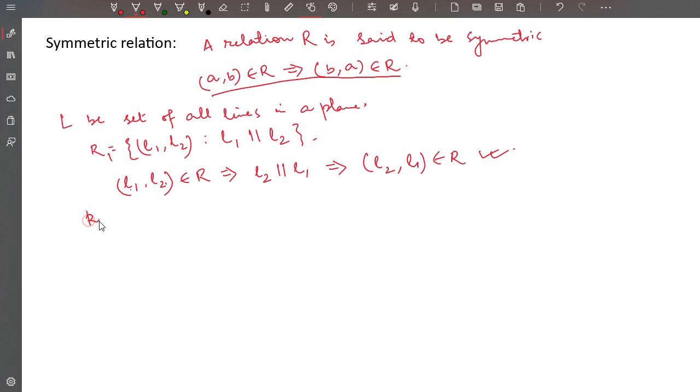Now let this be R1. I am once again defining another relation, R2, (L1, L2) in the same set, L1 is perpendicular to L2.